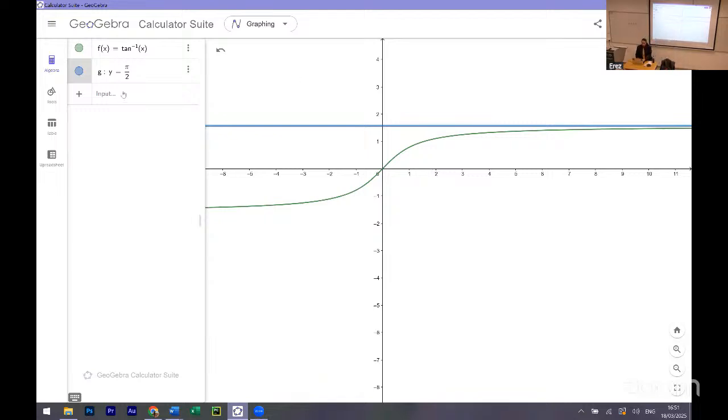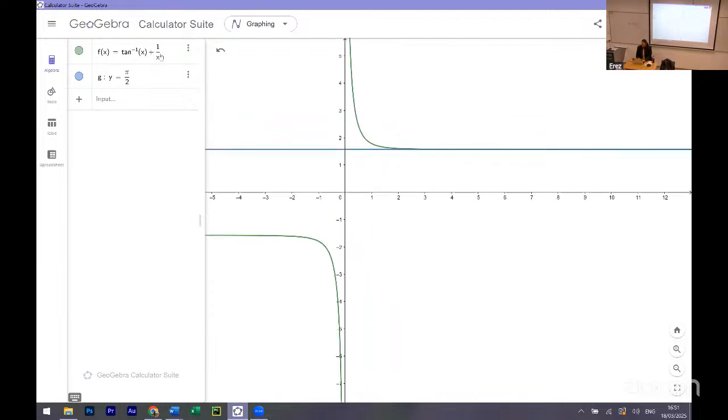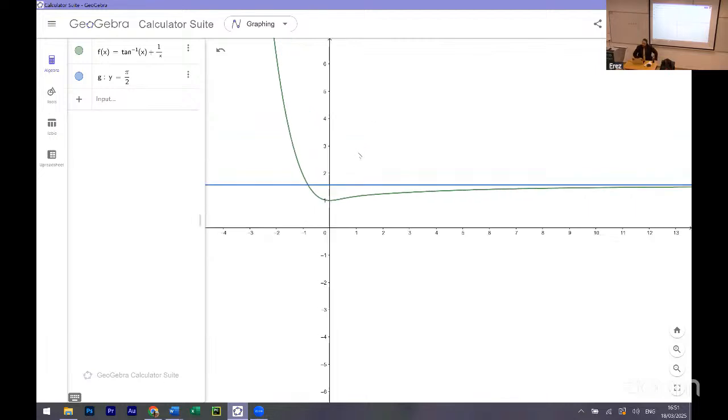Because also if I add to the function 1 over e to the x, it's also positive. So I took this function, the asymptote is still pi over 2. Is it true that half pi is an upper bound of the function?